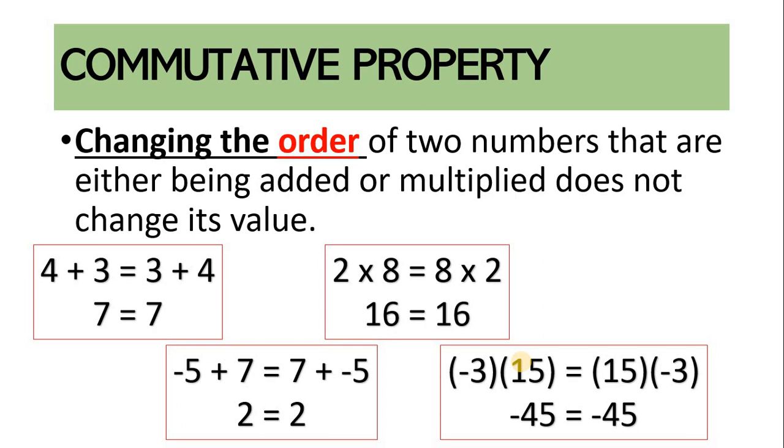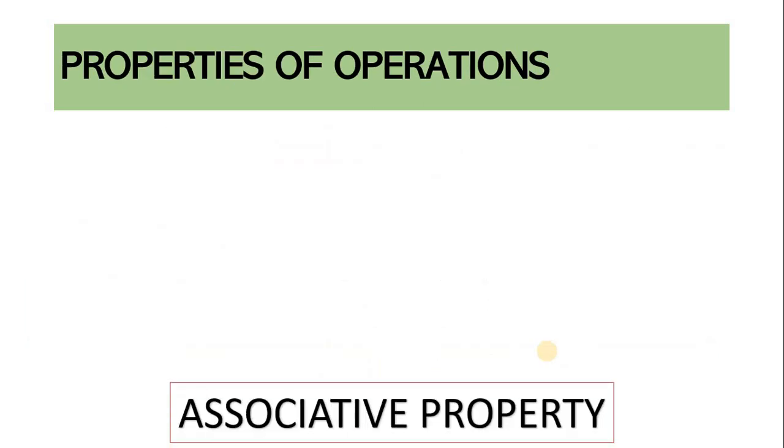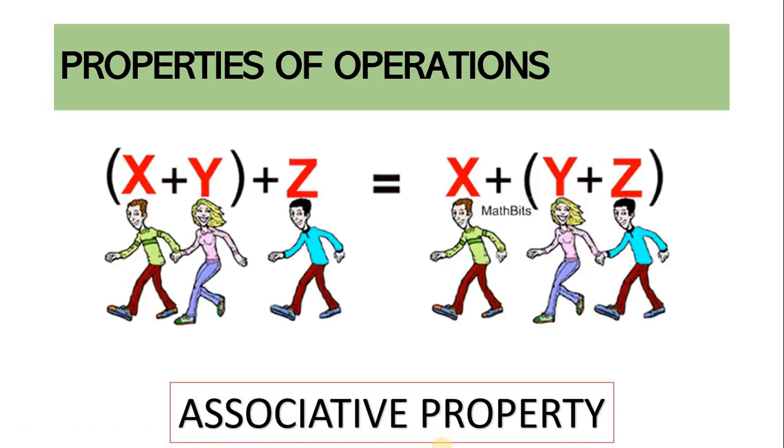On the other hand, when we multiply different signs integers, the product will be negative. The same with the division of integers. Same sila ng rules. Pag same sign, positive ang sagot. Kapag different signs, laging negative. Take note of that. Another property of operation, we have the associative property.